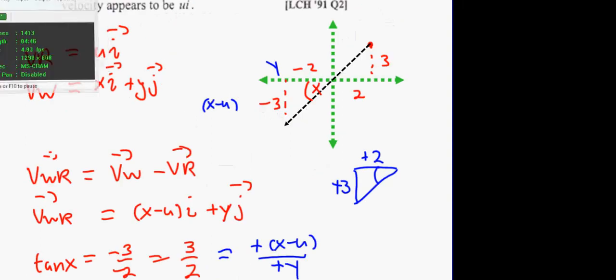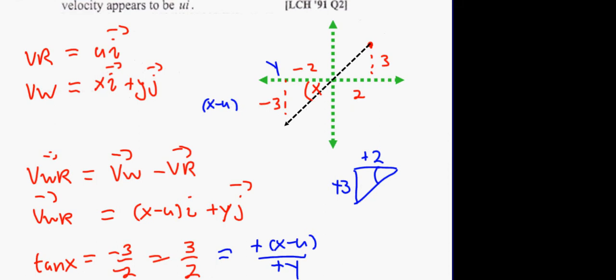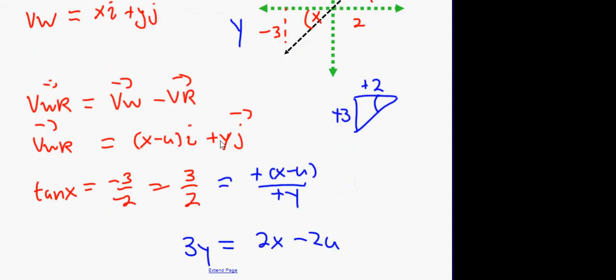Right guys, the i value was the x. Excuse me, I got mixed up there. This value here is x minus u, and the value going downwards was the y. So I actually got my equation upside down.